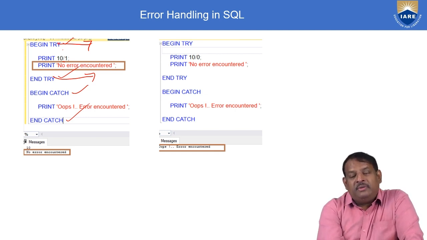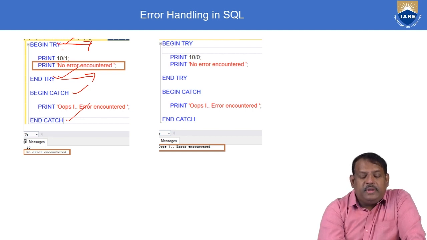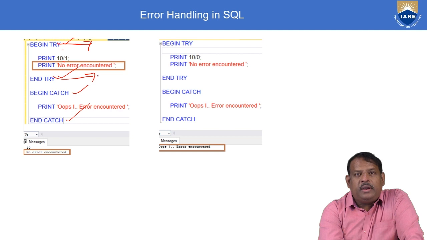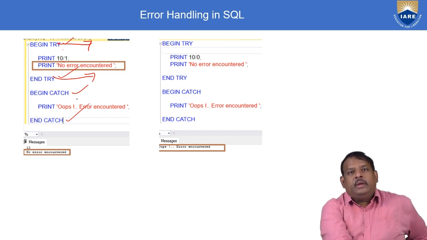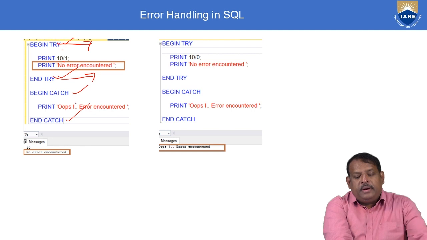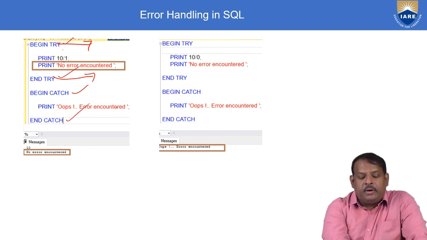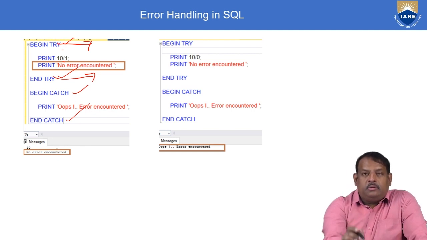As we know, if there is no error, you will not go to the catch block. In the catch block I'm writing print oops error encountered.